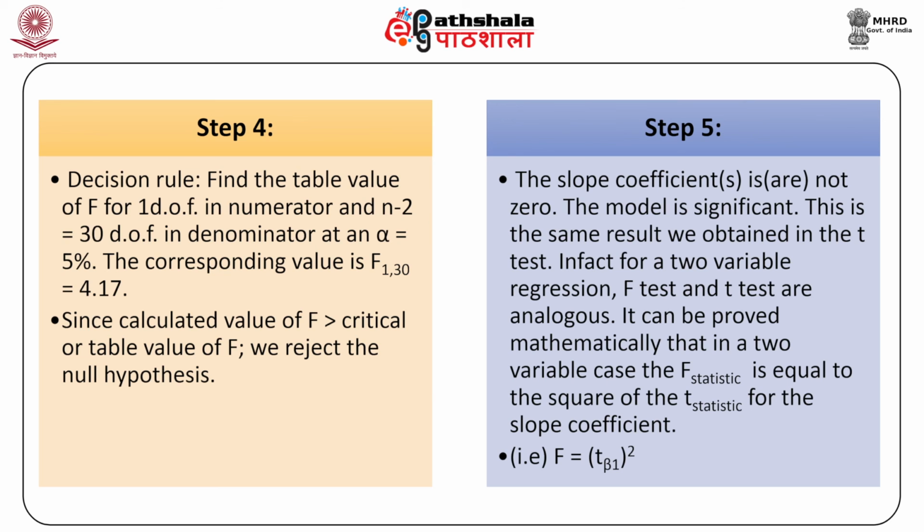In fact, for a two-variable regression, the F-test and t-test are analogous. It can be proved mathematically that in a two-variable case, the F statistic is equal to the square of the t statistic for the slope coefficient. That is, F is equal to t(beta 1) whole square.